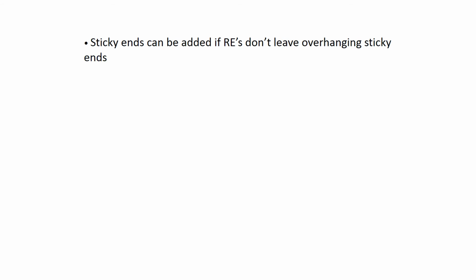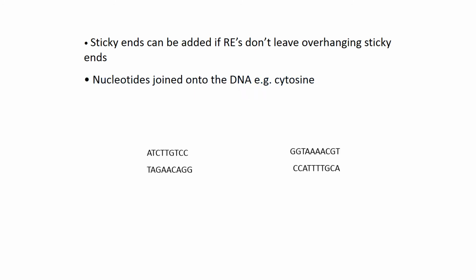Now if we haven't got overlapping sticky ends, maybe if you've used a restriction enzyme that cuts straight down the middle, sticky ends can actually be added. So a string of C's may well be added. You can use any other bases as well, and these are joined up by an enzyme called terminal transferase.